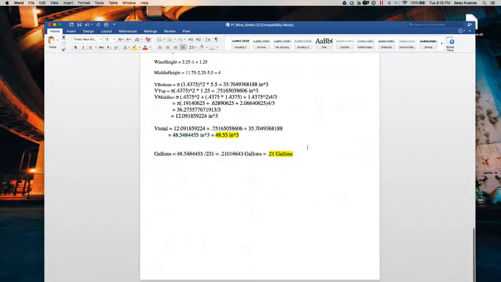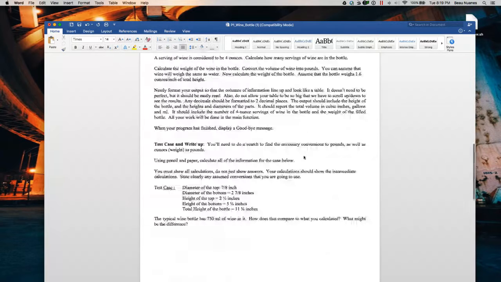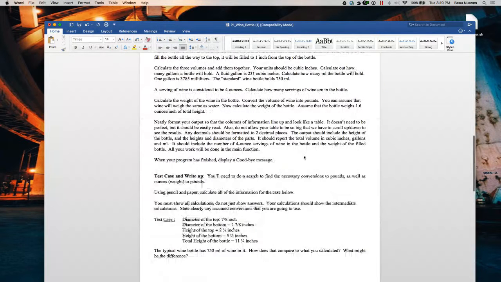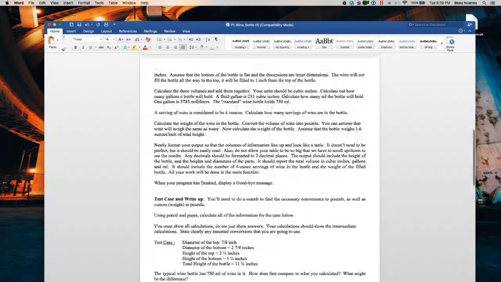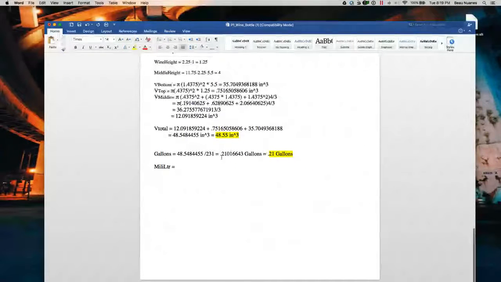Now let's do milliliters. So we'll do milliliters like that. We're going to be equal to, and in the spec you were also given that 1 gallon is 3785 milliliters. So we have our gallons right there.